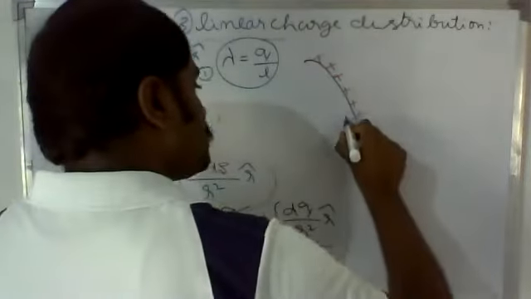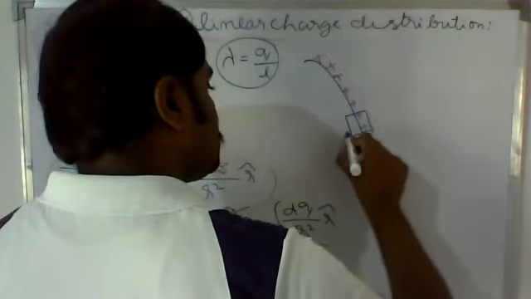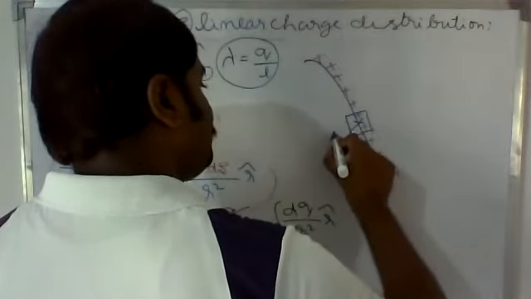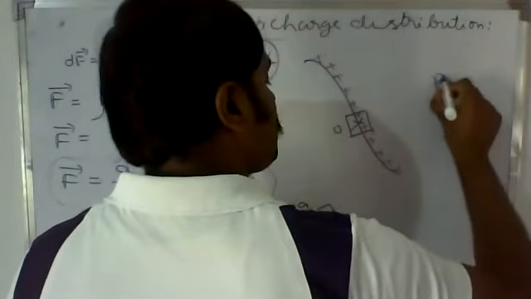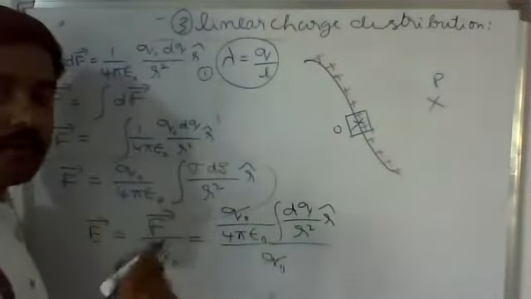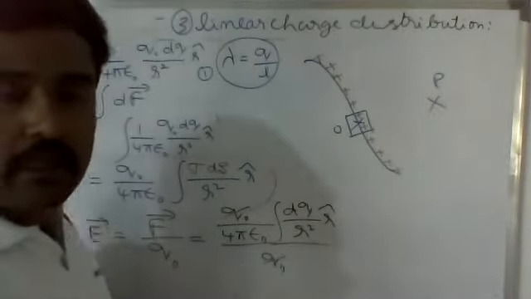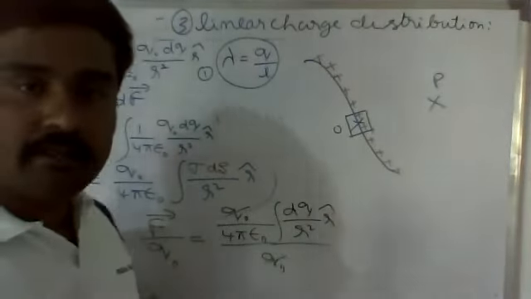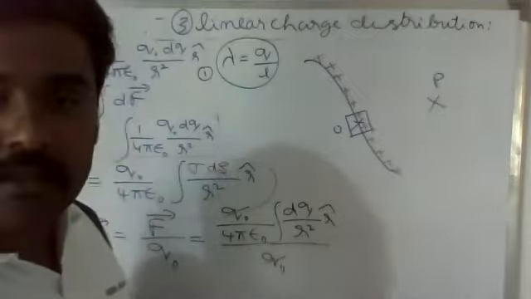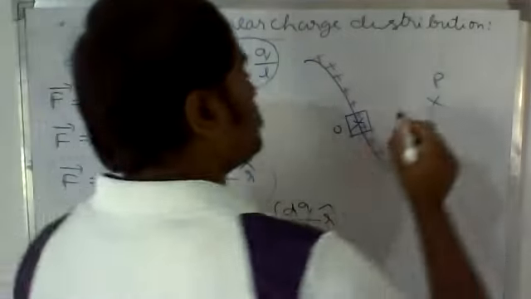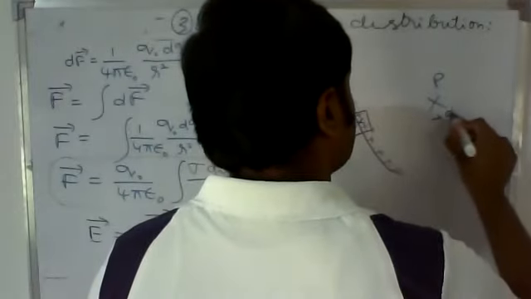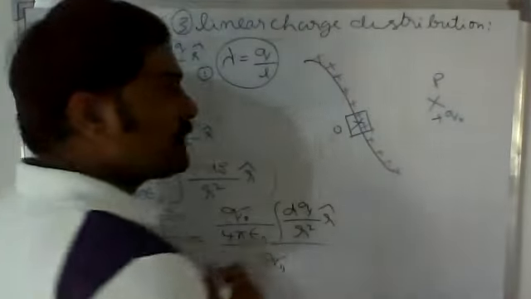Let us consider one particular point. This is O, and P is the observation point. At that point, we have to calculate the net force and the net electric intensity due to the entire linear charge distribution. Now, a unit positive test charge plus Q naught is placed at the observation point.